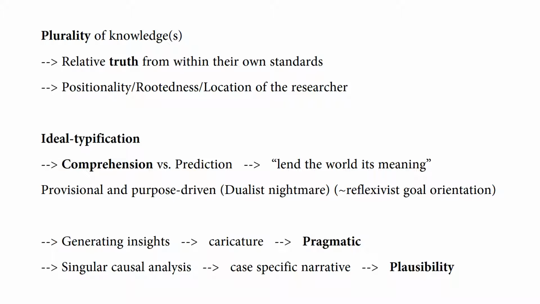So what monism does is that it reconceptualizes the social sciences, at least in the present context, as productive. Concepts and theories are instrumental idealizations, and they're always about comprehending events, comprehending what is happening, rather than predicting.